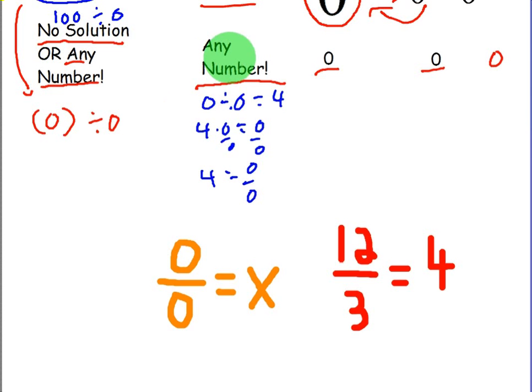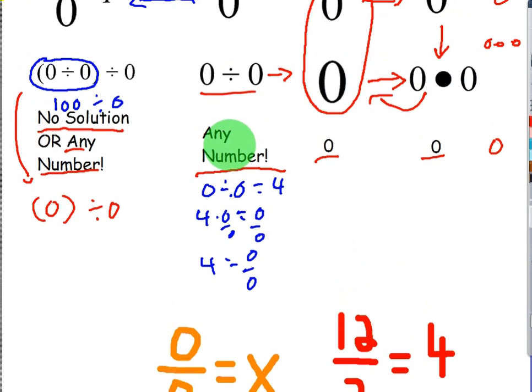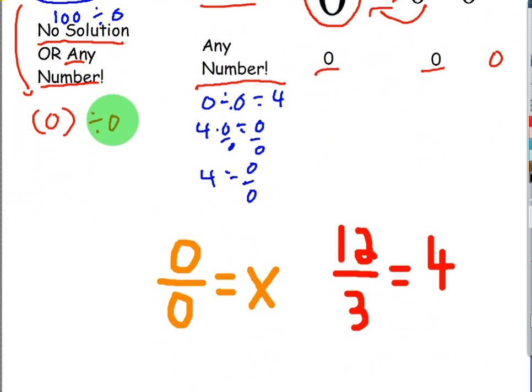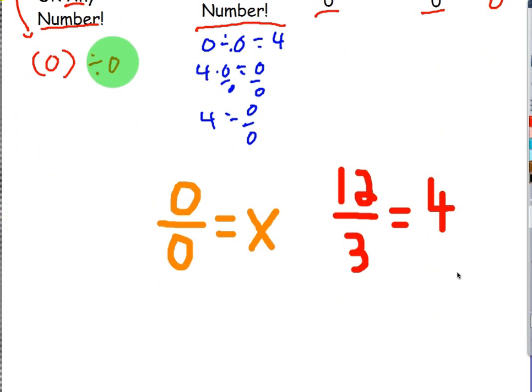Now, the problem when you do 0 to a negative power is you're taking that any number and dividing by 0. So if you take any number that's not 0, so let's say the number's 4, and divide by 0, well, that becomes a problem.